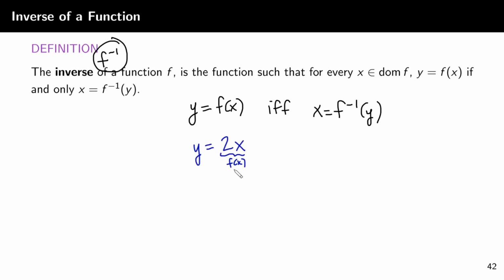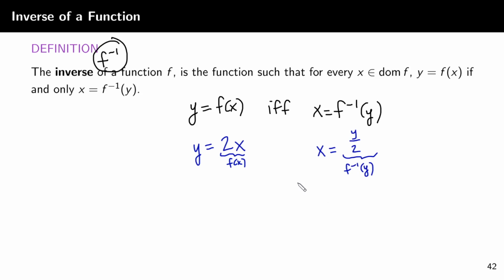So f of x is equal to 2x, and then my inverse is x over 2. Okay, so if f inverse is equal to x over 2, then f inverse of y is equal to y over 2.